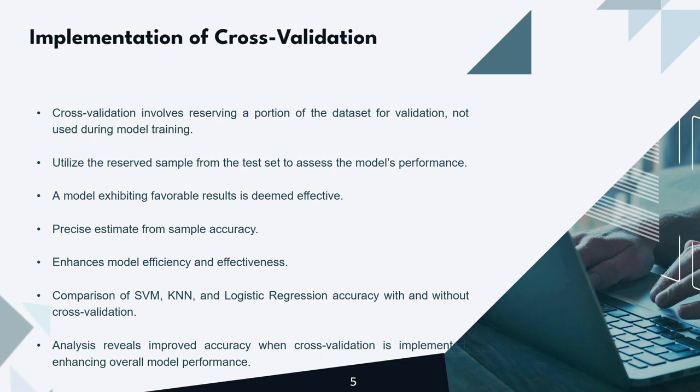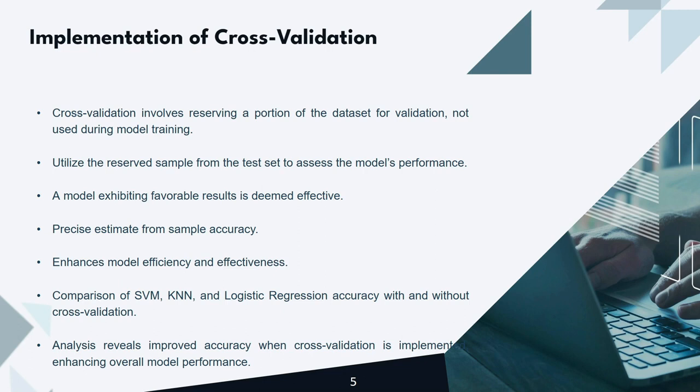A model that yields favorable results with this validation data is considered effective. One of the primary benefits of cross validation is obtaining a more precise estimate from the sample accuracy. It enhances the efficiency and effectiveness of the model performance.